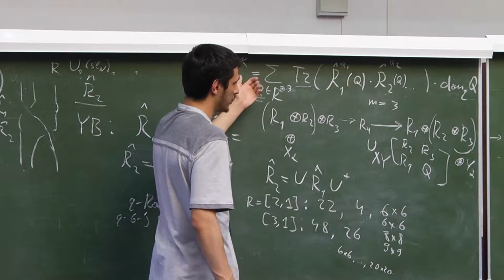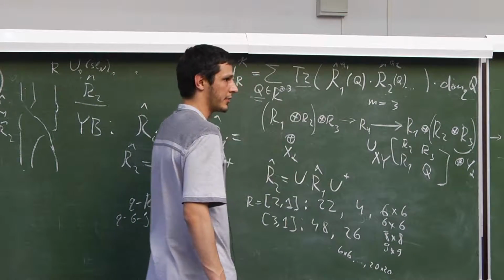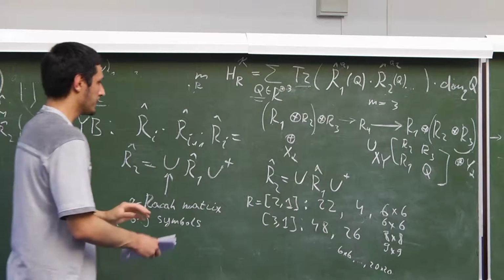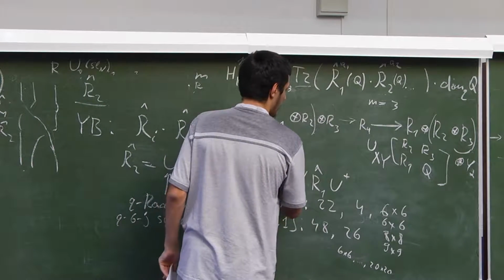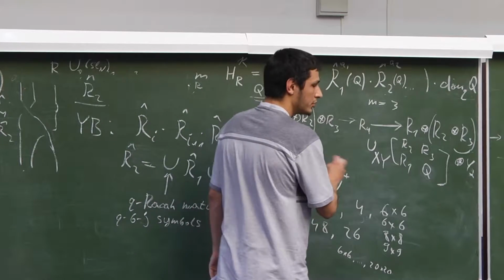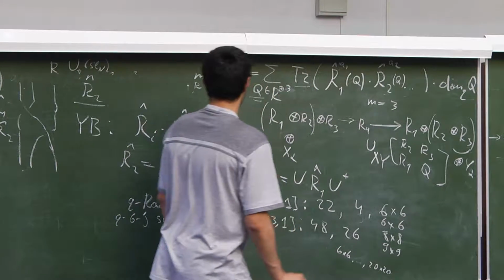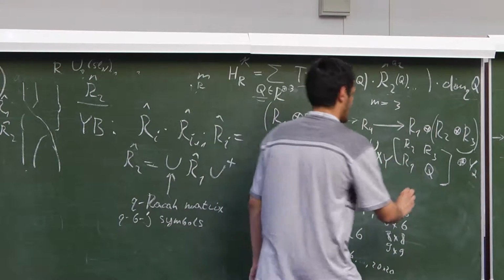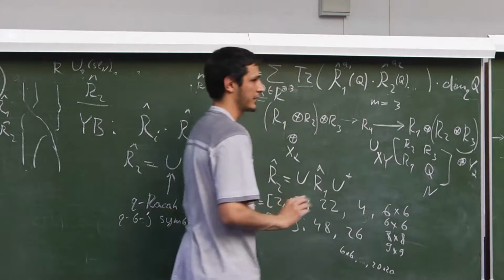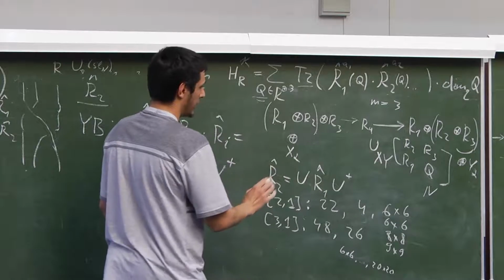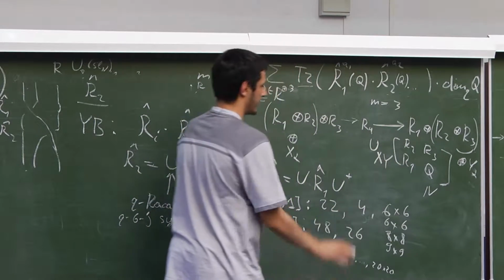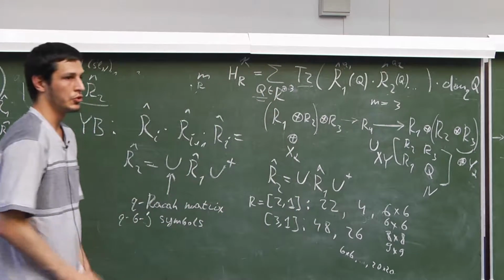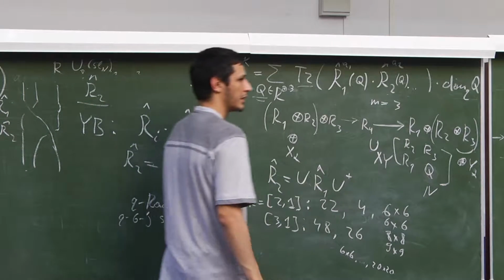I have to calculate a lot of such Racah matrices if I want to calculate quantum invariants. But the advantage of this method is that Racah matrices U do not depend on the rank N of my group explicitly. It means that I can fix N at some value and calculate Racah matrices for this value, and then this result will be correct for all N greater than the given value.